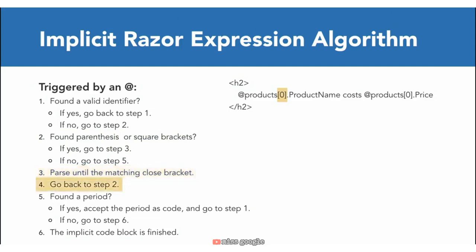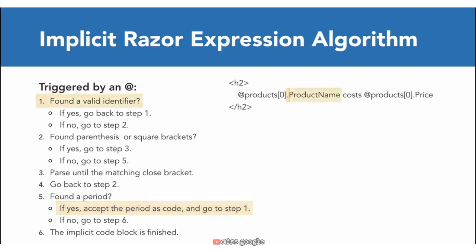Now we advance to the next token and go back to step 2. This time the period is our next token, but step 2 is looking for a parenthesis or a bracket. We didn't find one of those, so we'll go to step 5 next. Step 5 is looking for a period, which is in fact what we just found. So we'll accept the period as part of our code expression and advance to the next token and go back to step 1.